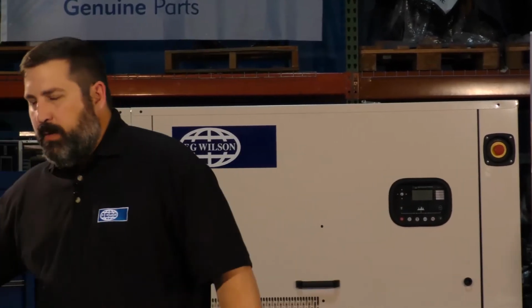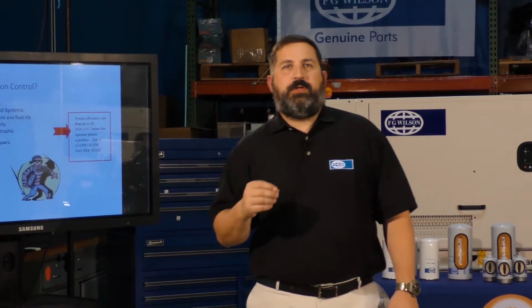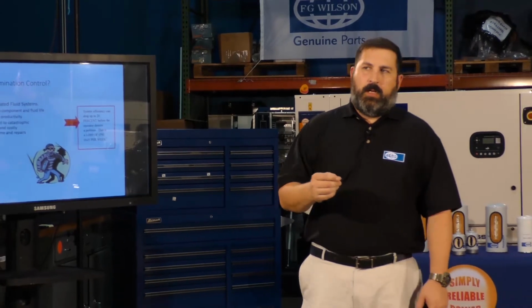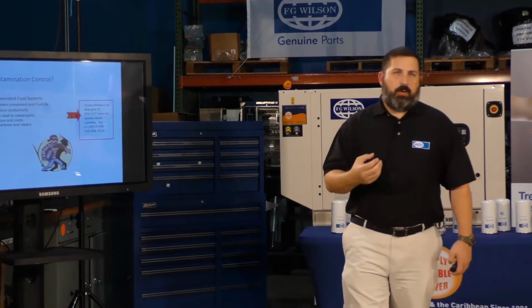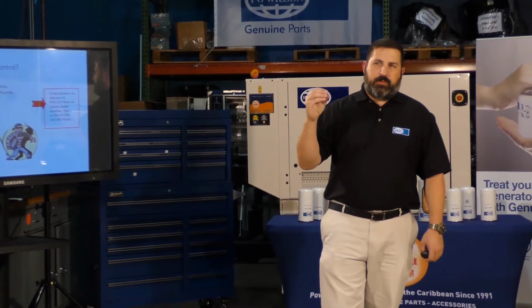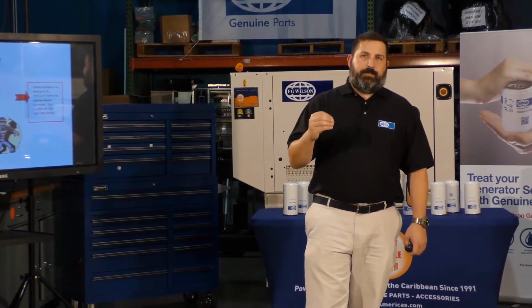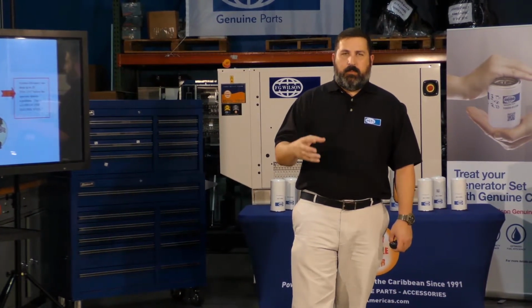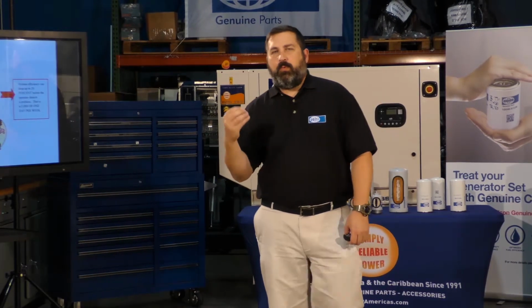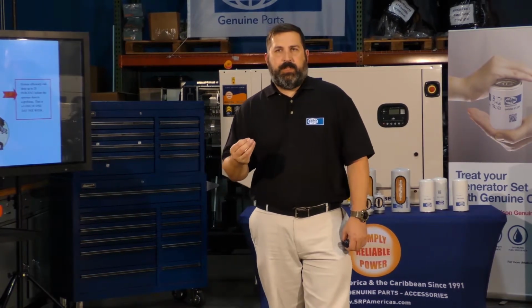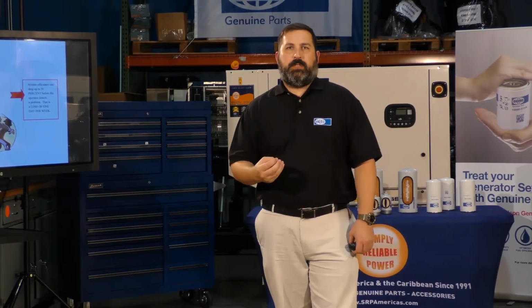We talk about up to a 20% loss in efficiency for an FG Wilson generator before the customer even knows they're losing value. What happens is those components wear out and it slowly over time loses that efficiency. By the time they get to that point where they know they've lost efficiency, it's already 20% less.